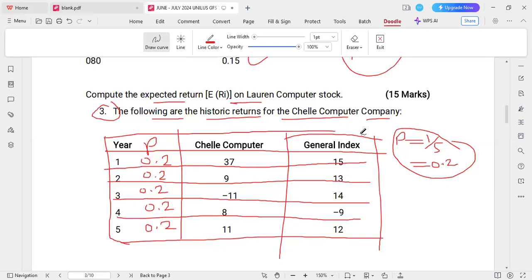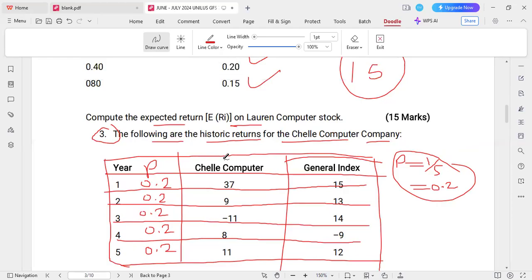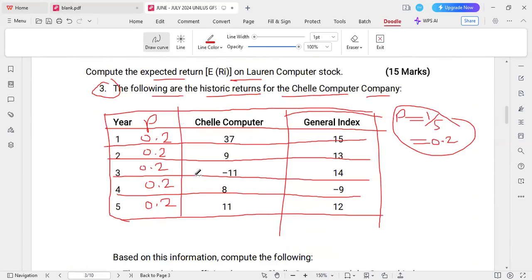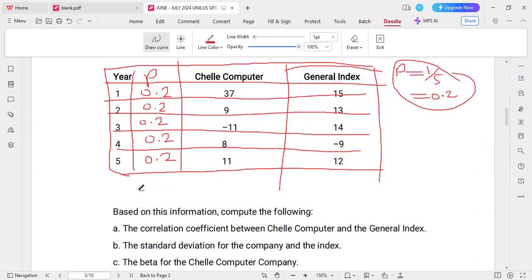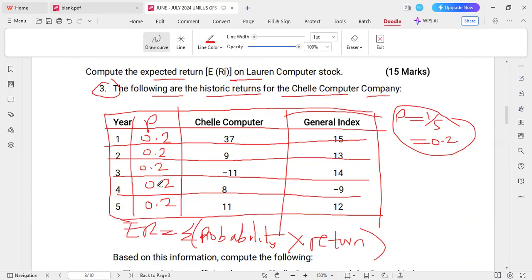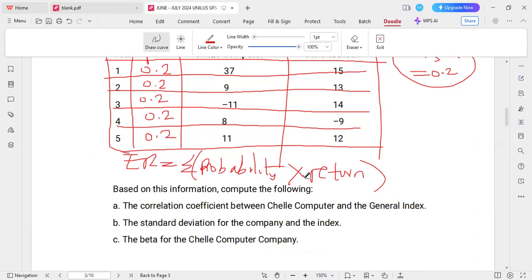This is the same way we did on these other questions above, on finding the expected returns, because the probabilities are given. So it's simply multiplying: expected return is equal to the summation of probability by the return. So this is how this question was supposed to be answered. So we can end here for now. All right.